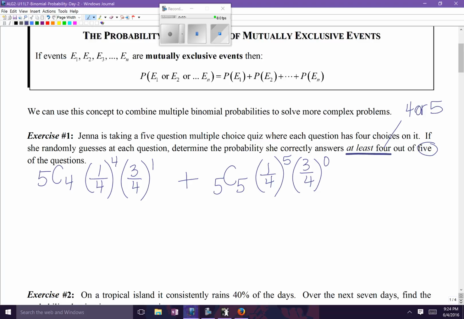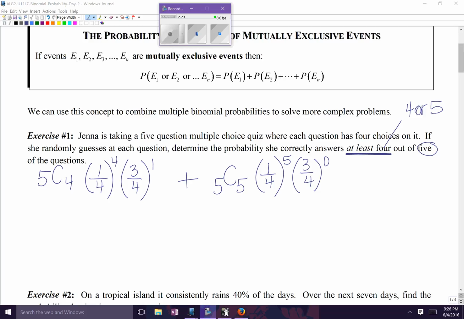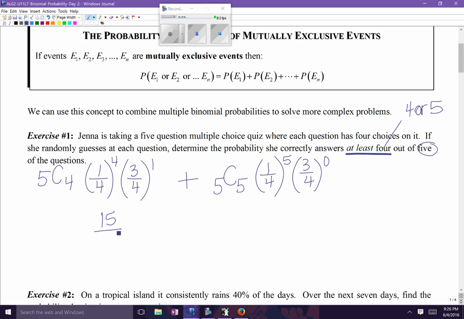So if you use your calculator, and again, you're going to hit the math button, go over to PRB. You're going to go down to choice 3, I believe it is, nCr. Type this in your calculator, and if you correctly put this in the calculator, you get 15 out of 1024 plus 1 out of 1024.